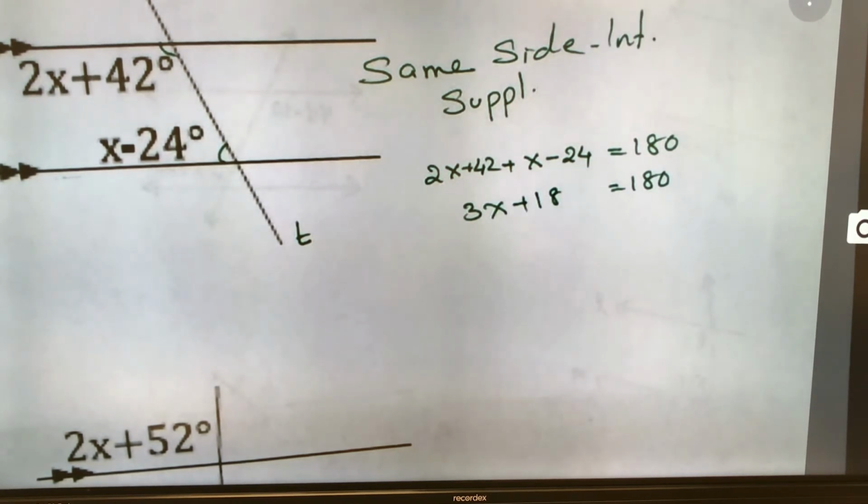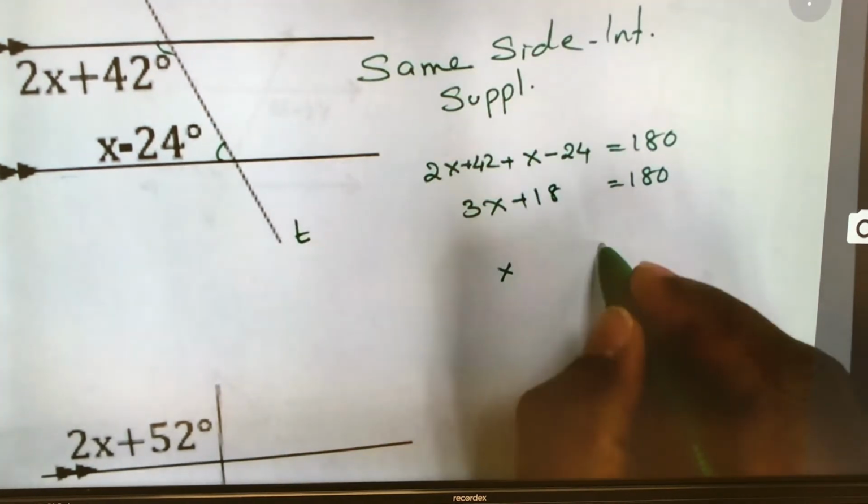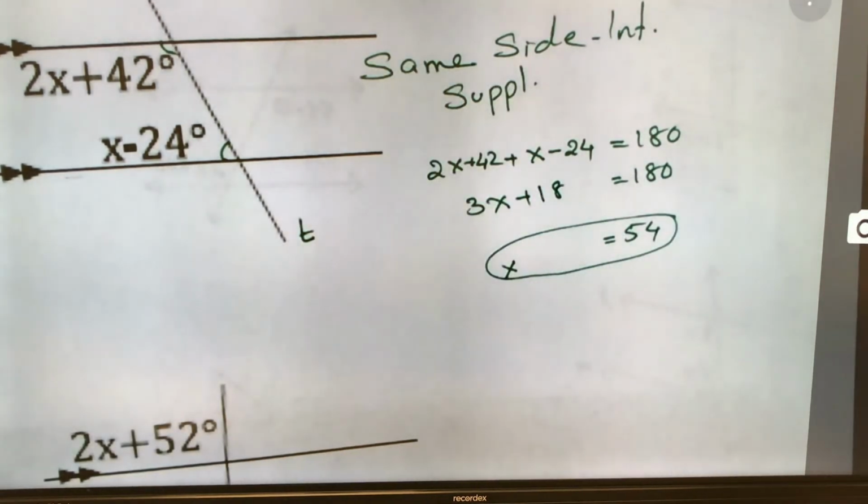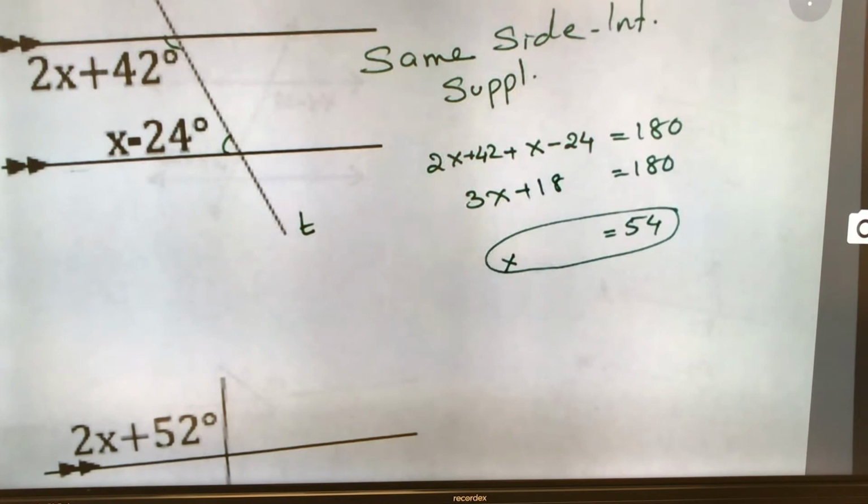So subtract 180 minus 18, you get 162, then divided by 3, you get 54. You get x is equal to 54. I hope you got the same answer. And let's move on to the next question.